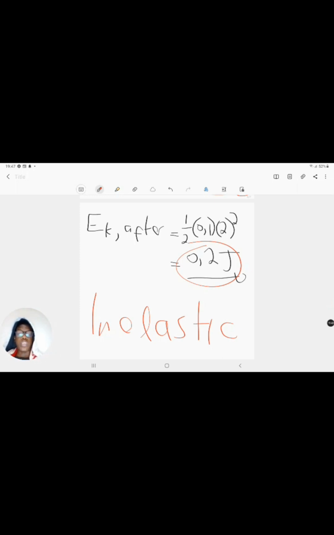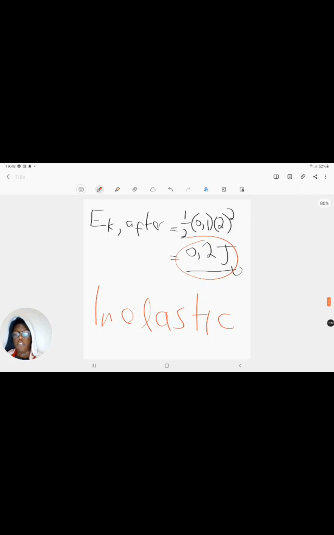It could be sound, it could be in the form of heat. For instance, friction releases heat. So sometimes heat energy could be released in a system. It could be sound, it could be heat, it could be whatever. Some form of energy has to be released in order for your collision to be inelastic, and that's almost 100%, if not 100%, of the situations that you're going to come across in real life.